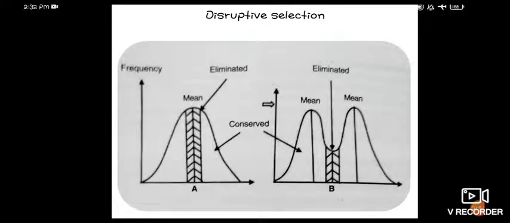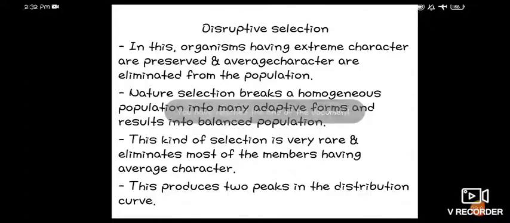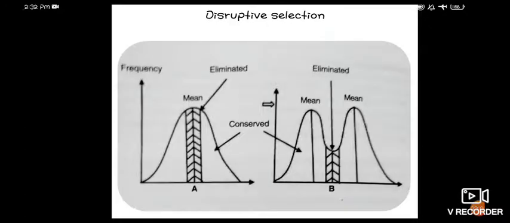Then it produces two peaks in the graphical representation, leading to the elimination of the average characters. So this is all about the natural selection and the patterns of natural selection.